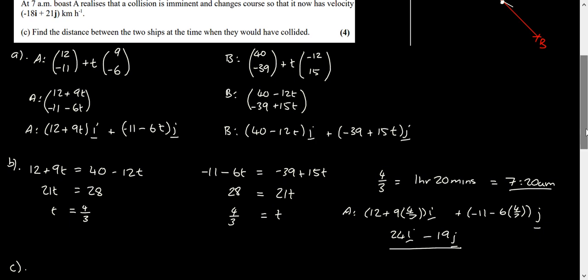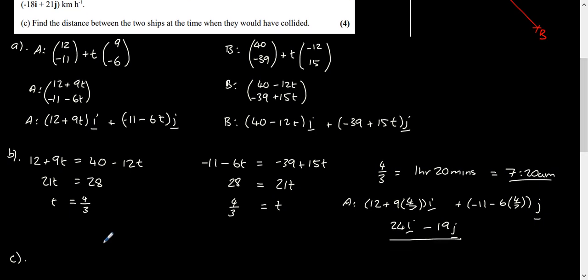So in order to set this up, we need to know where is boat A when it realizes that there is a collision. Now, it was at 1 hour after it set off, so we can use t equals 1, so 7 a.m., 1 hour after 6 a.m. So we'll substitute t equals 1 into our A vector this time, and we'll work out where boat A is when it realized it was going to collide.